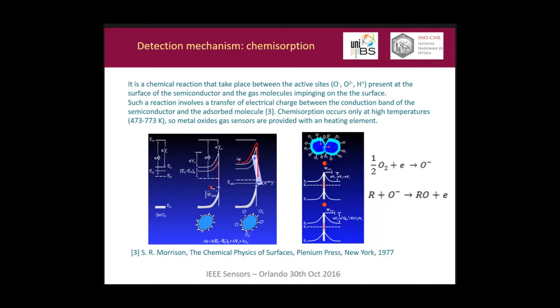And the mechanism, staying with polycrystalline material, since this technology was developed at the beginning with polycrystalline material, let's say thick film, in the past.